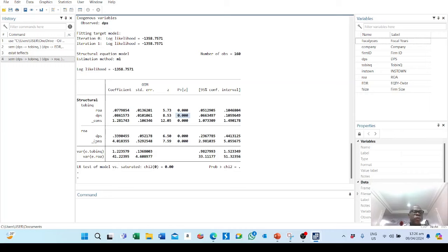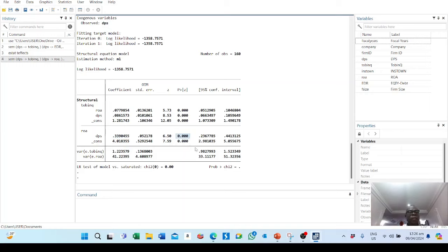So let's move to the second segment of the pathway. Now we are looking at ROA as a dependent variable and dividend per share as the independent variable, having a direct part on the ROA. The direct part on ROA, the coefficient is significant, and the p-value is also highly significant.